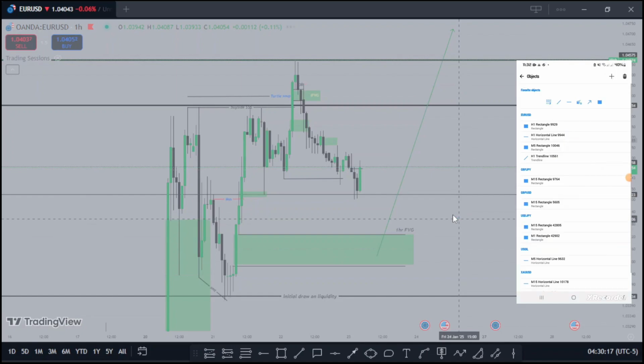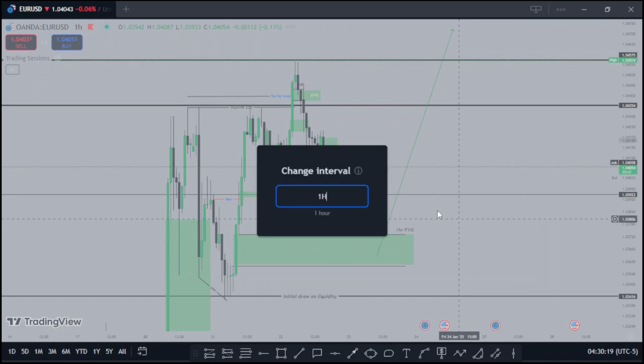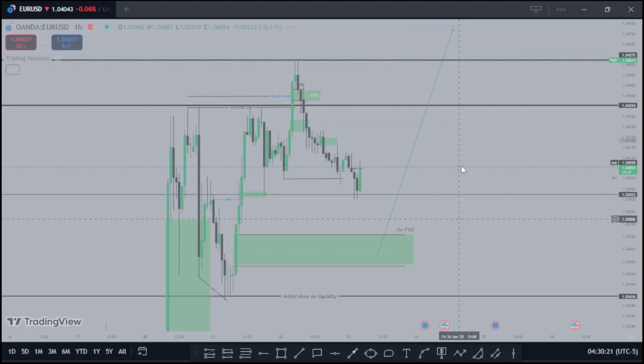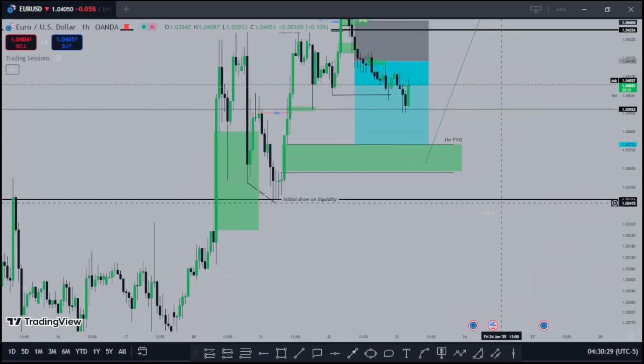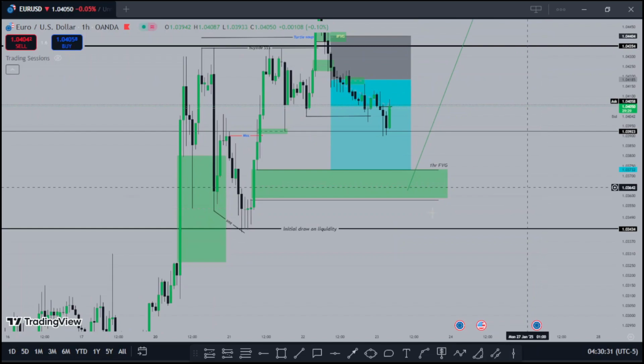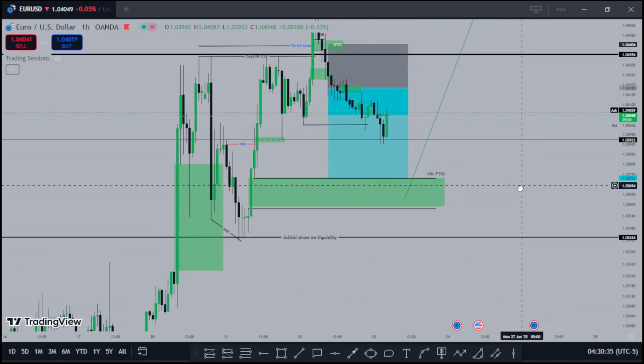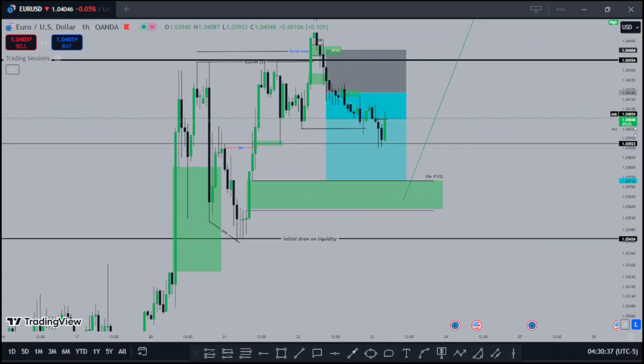Guys, okay, hold on. 1 hour time frame, sorry for that. There was some initial draw on liquidity at this low. I didn't see that. So remember, that is what I think.